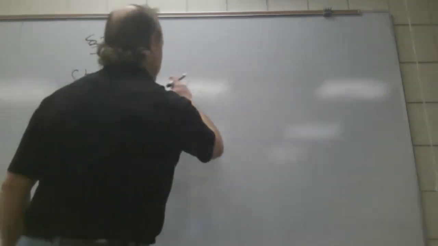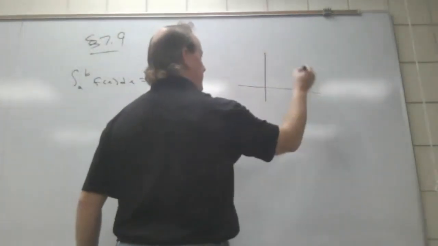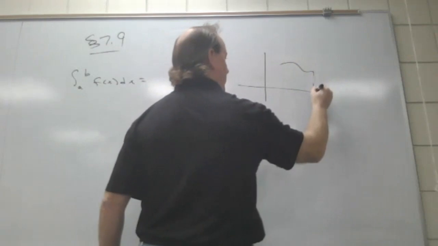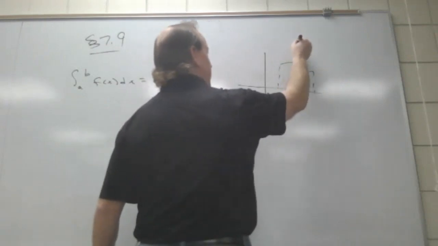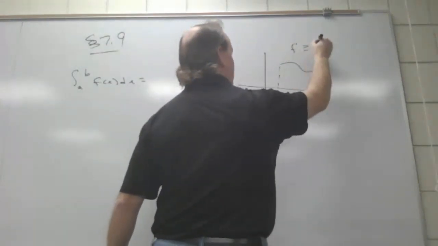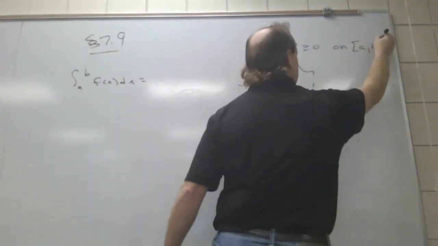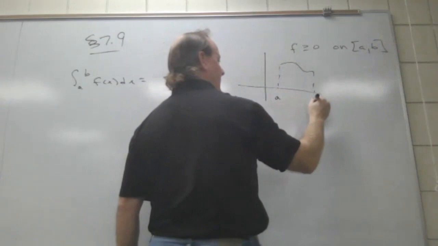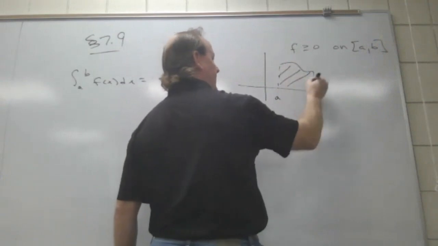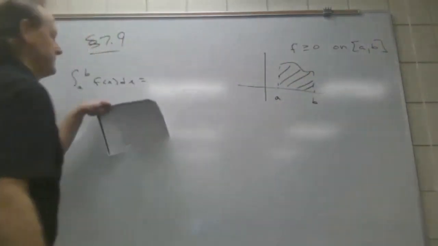By the way, what did this represent? If we had a continuous function, let's just remember what that represented. If f was entirely on or above the x-axis on that closed interval a to b, and it was integrable, meaning we could take the antiderivative, what did that definite integral give us?